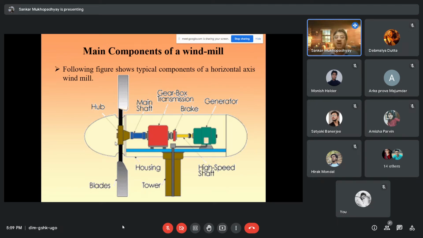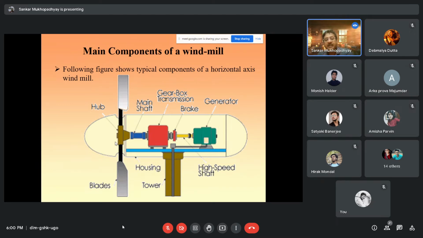I need to make the RPM of my generator much higher, because if we want to make 120 f by P, then the RPM of the generator should be on the order of 1500 or 3000. So this is a much higher rotational speed. If I want to achieve it, then I need to increase the speed through a gearbox transmission.